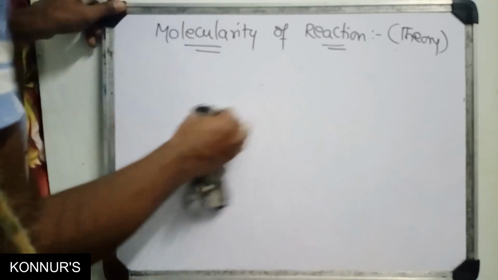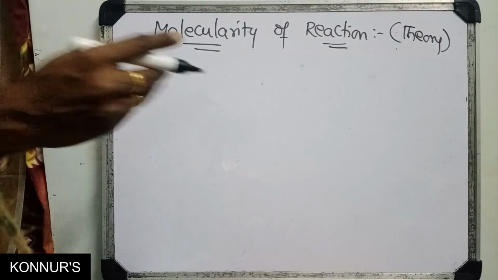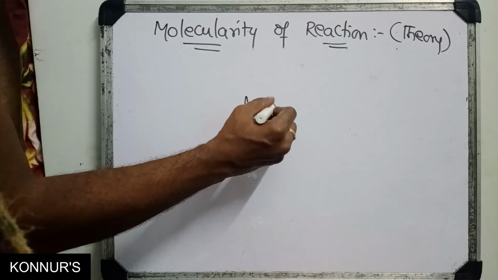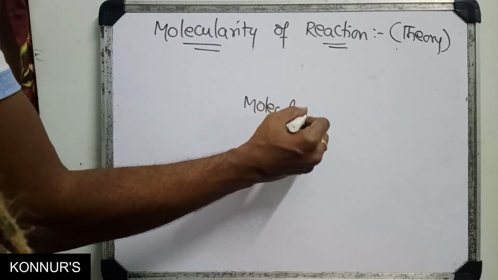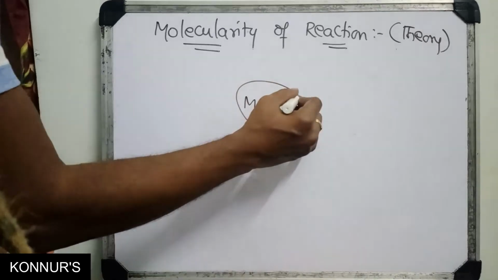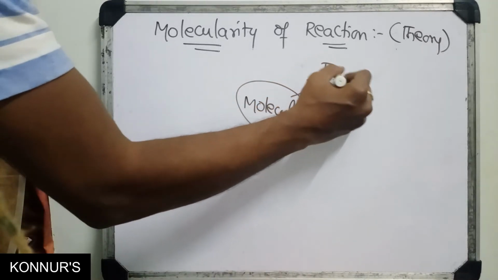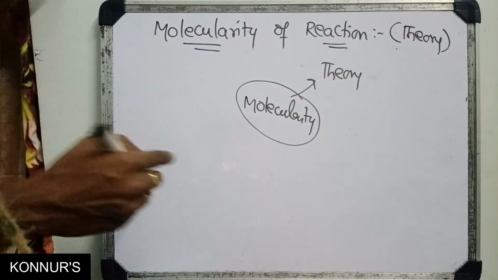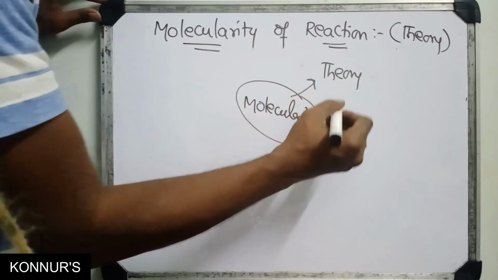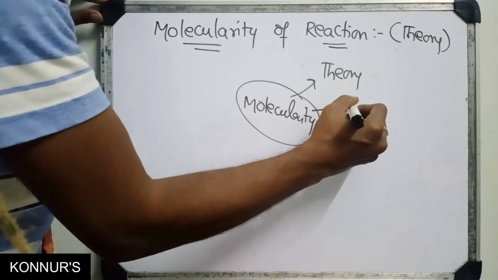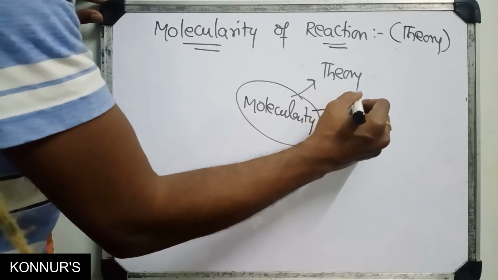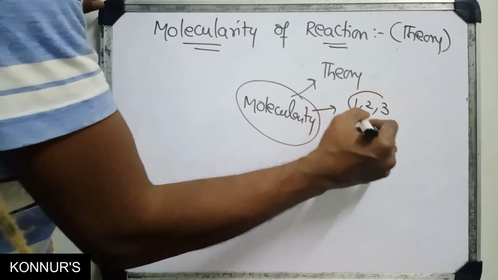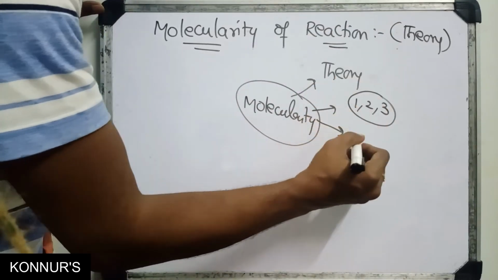Mechanism is a theoretical concept, explained by ourselves only. So molecularity is theoretical, whereas order is experimental data. Molecularity values are only positive integers, 1, 2, 3, with a maximum of 3.